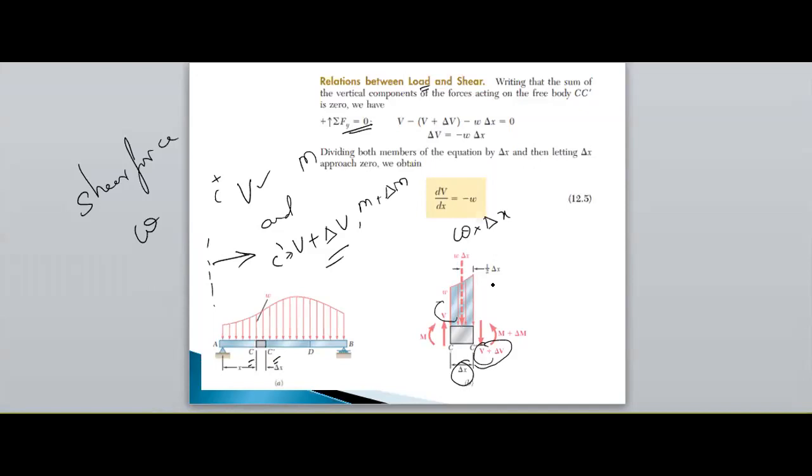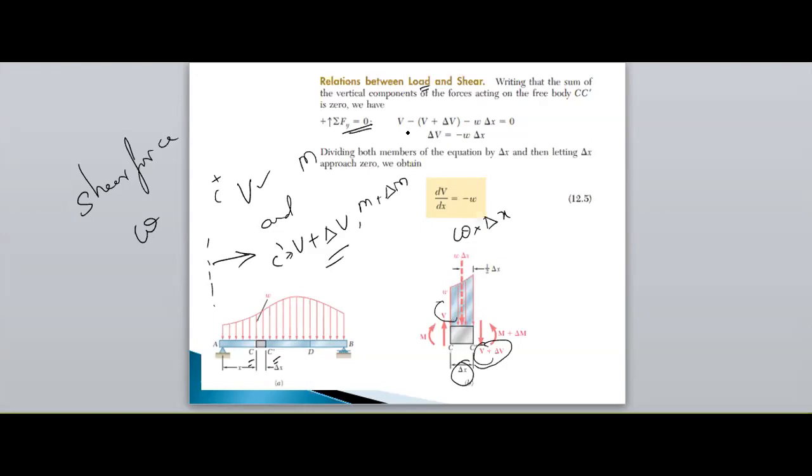Therefore, balancing the forces. Here we have V and V plus delta V as the two forces, and minus W into delta x is the other force, which is applied from the top to the bottom.